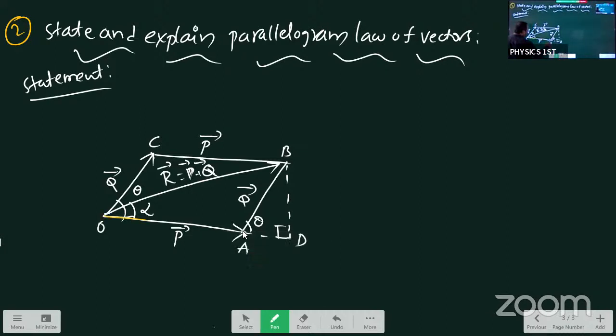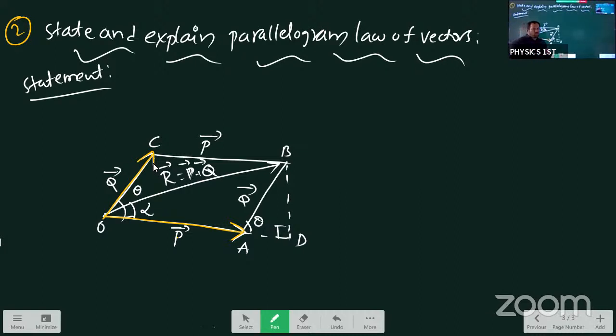One vector P, one vector Q, not only PQ, you can take AB also, no problem. Any vector, your choice. Students, two vectors represented with adjacent sides of a parallelogram.